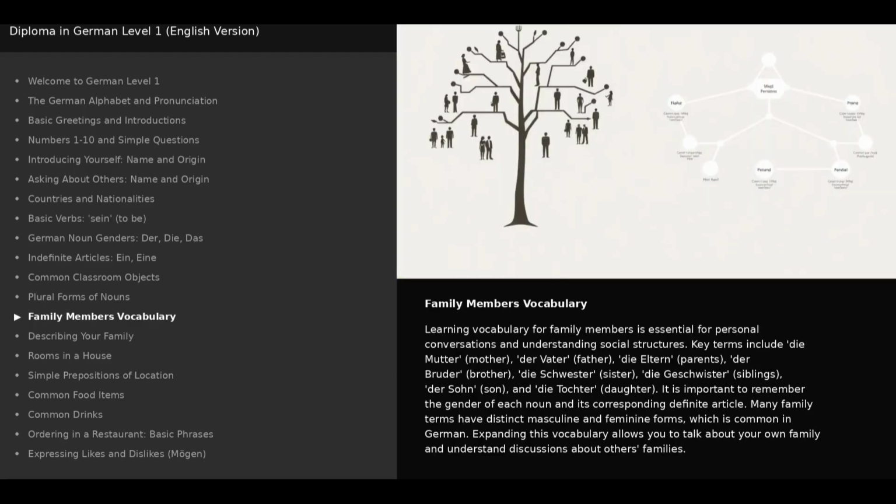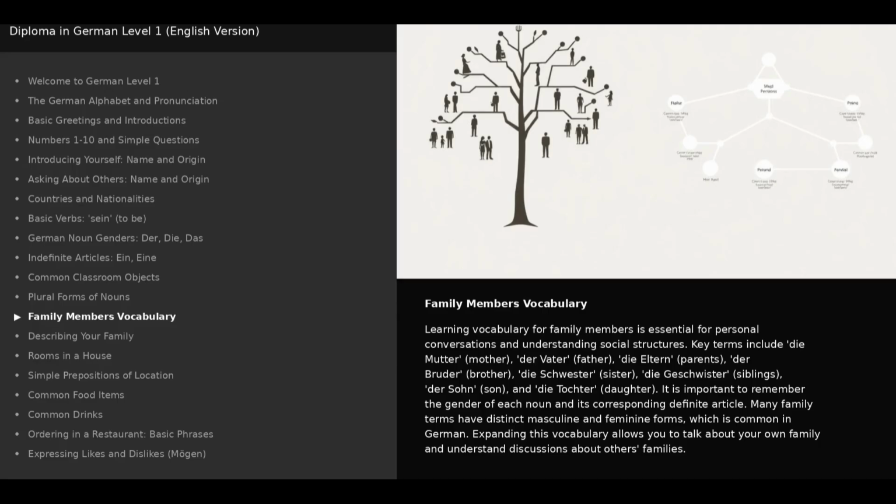Family members' vocabulary. Learning vocabulary for family members is essential for personal conversations and understanding social structures. Key terms include die Mutter, mother, der Vater, father, die Eltern, parents, der Bruder, brother, die Schwester, sister, die Geschwister, siblings, der Sohn, son, and die Tochter, daughter.